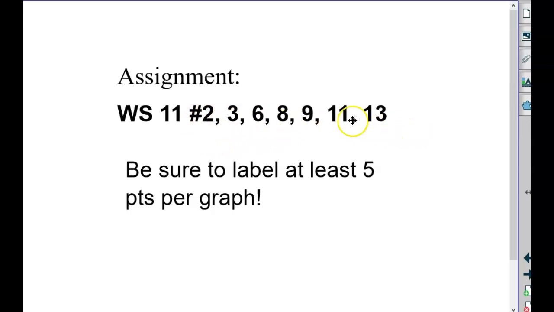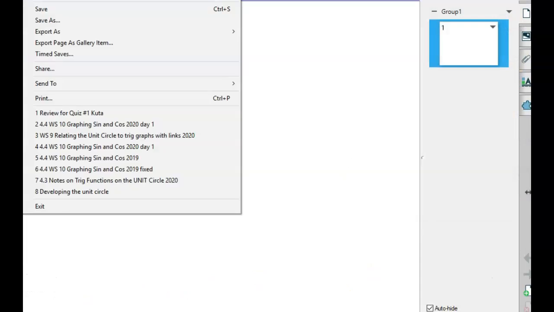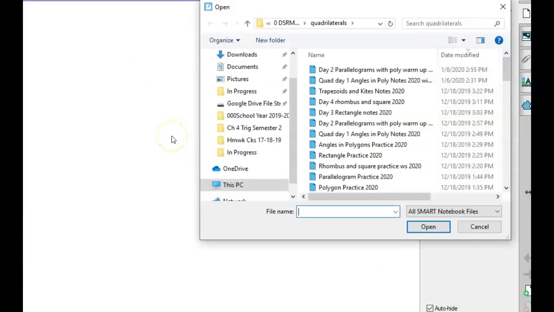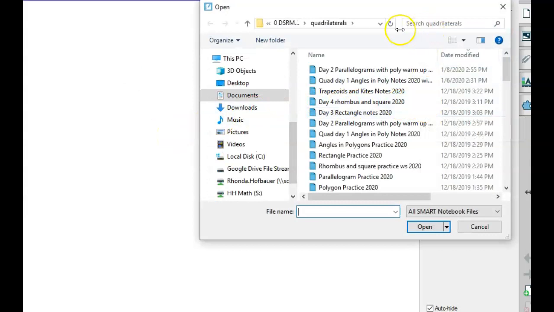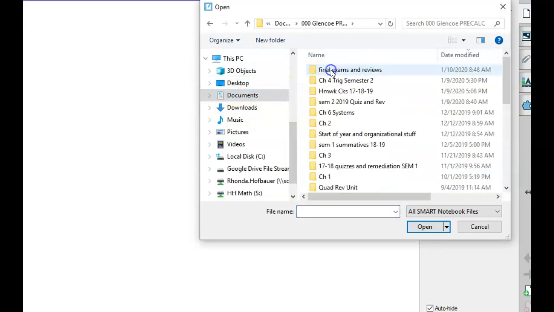Oh, these are the ones that are assigned. 2, 3, 6, 8, 9, 11, and 13. Oh, gotcha. So 4, 5, and 7 aren't assigned. So I was just trying to see if there was one that we could do.